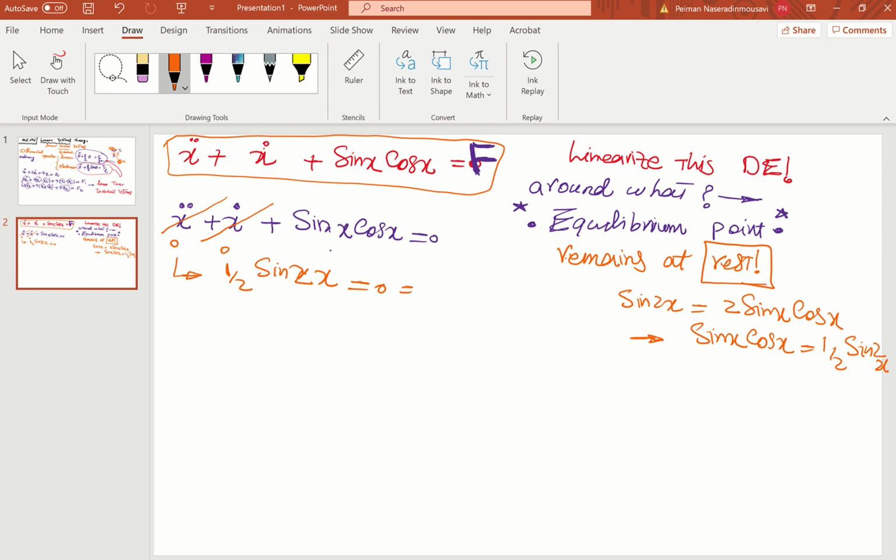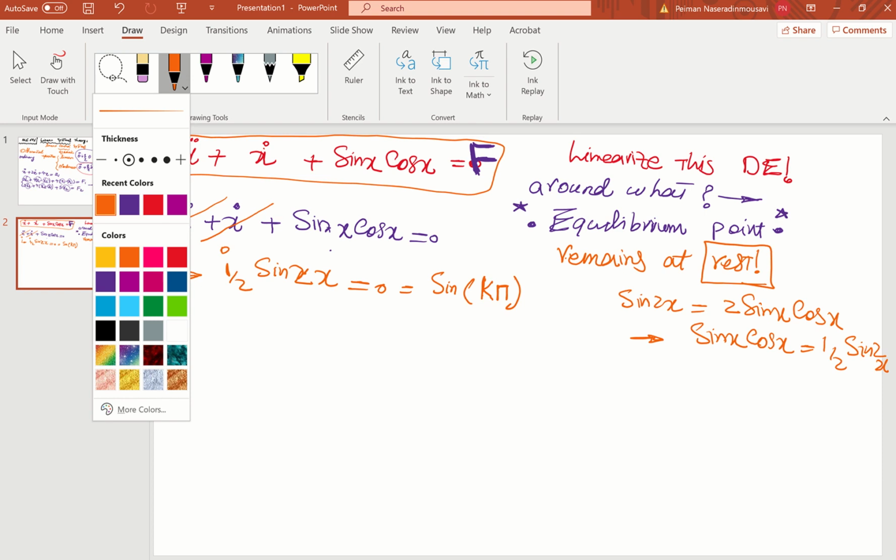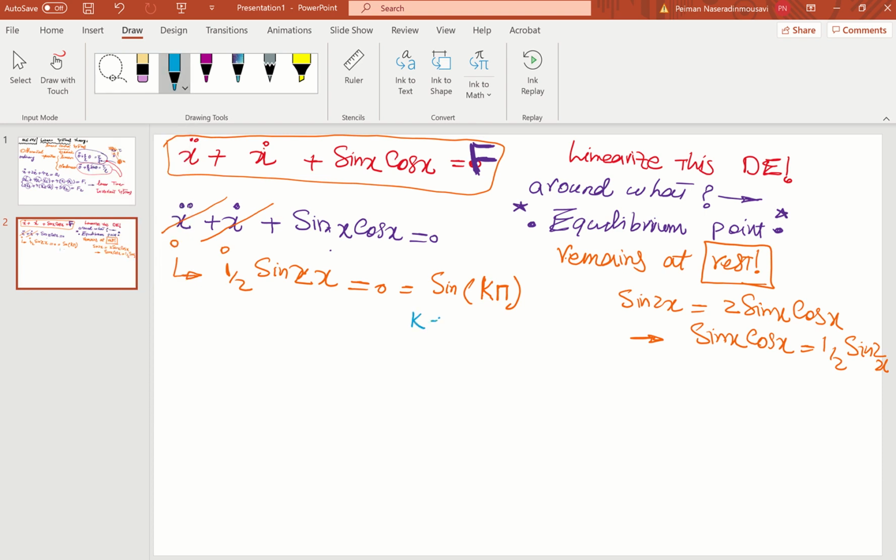So we know from trigonometry that this is sine of k pi, and k is 0, plus minus 1, plus minus 2, and so on.